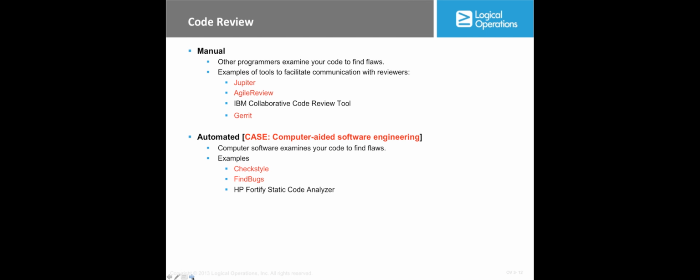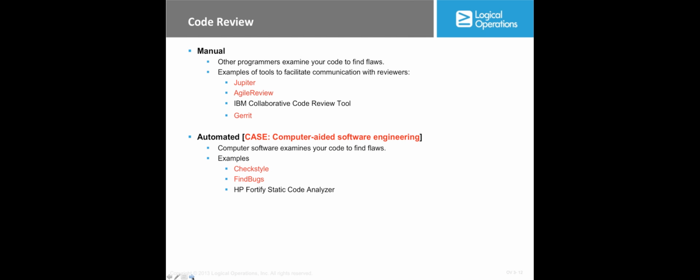I've highlighted, for instance, Jupyter, Agile Review, and Gerrit for a very particular, specific reason. They are open source, all distributed under a GNU license, which makes it extremely easy for CompTIA to maintain their vendor neutral status. When you get into the IBM Collaborative Code Review Tool, now you're talking about a commercial piece of software.